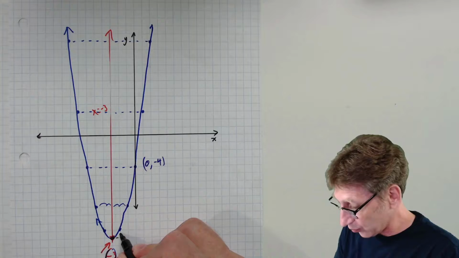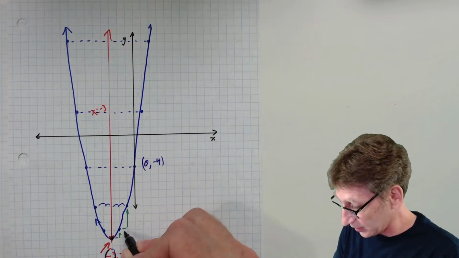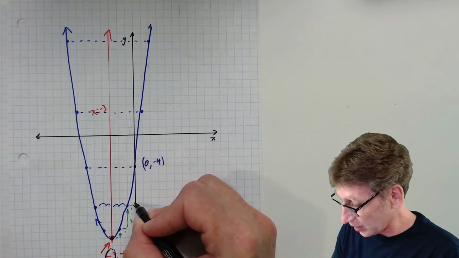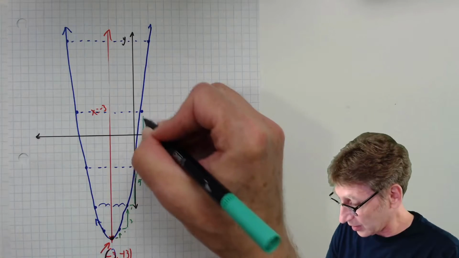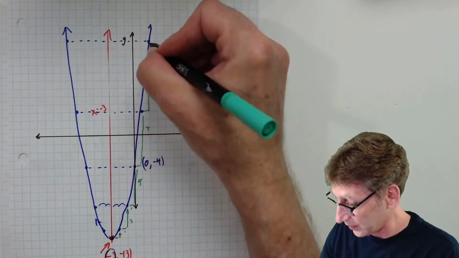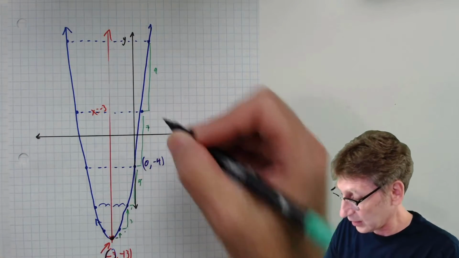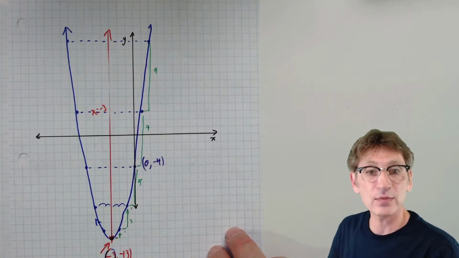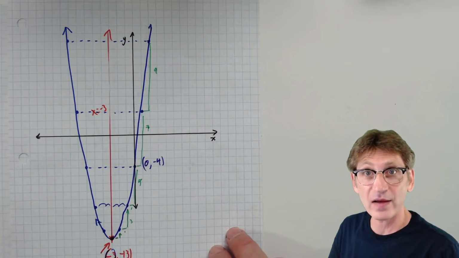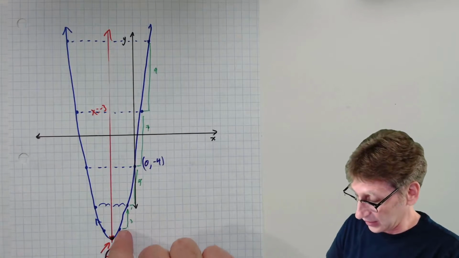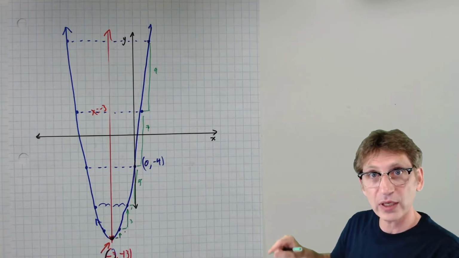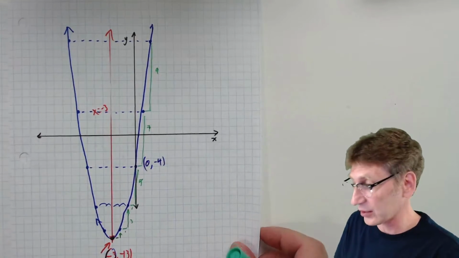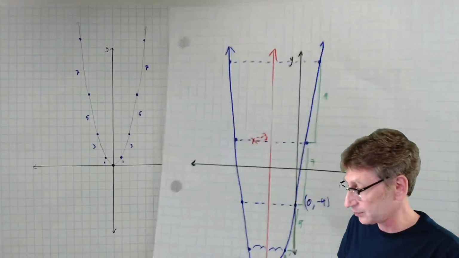Over 1, up 1, over 1, up 3, over 1, up 5, over 1, up 7, over 1, up 9. So if we have the same shape as the parent graph, at least the integer ordered pairs, over 1, up 1, over 1, up 3, over 1, up 5, and we follow that pattern up both sides of the parabola.